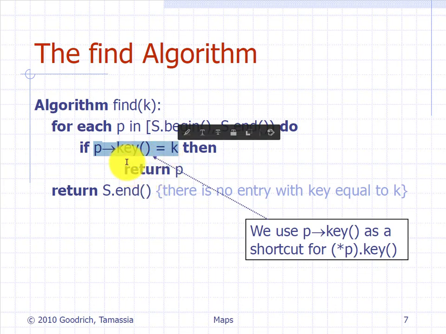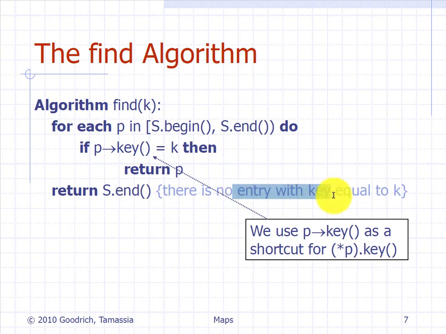If it isn't in the map, we will go through this for loop, and then at the end of it, return end, because there'll be no entry with that key. You could also return null, or you can return end, or you can return "no, sorry, there's no key in here," or whatever the case might be. Depending on what you'll be using this for, you would return various things.